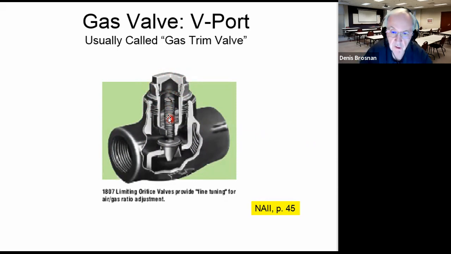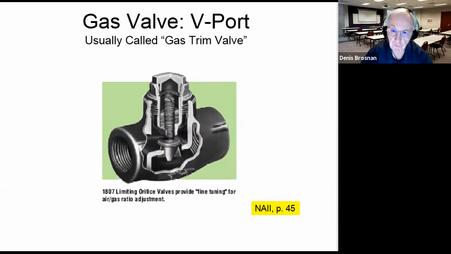I'll talk about that in a minute. Using a manometer, then you can open or shut this a little bit in order to trim the gas, to adjust the gas. So some of the North American literature calls it a V-port because of the shape of the disc that controls the flow.